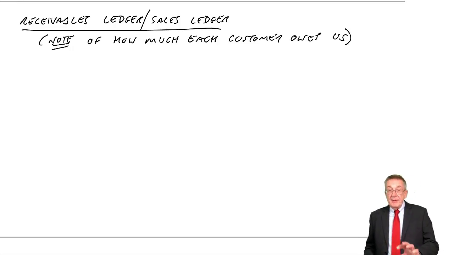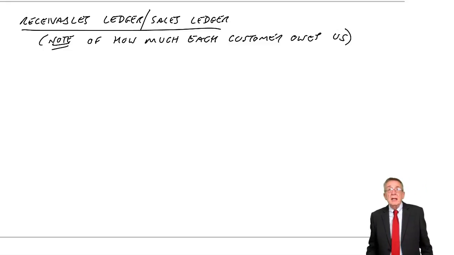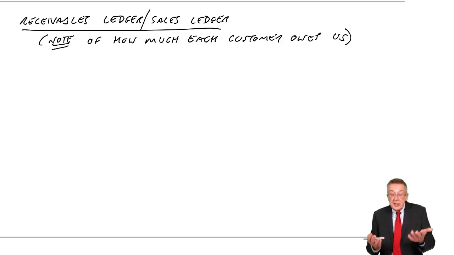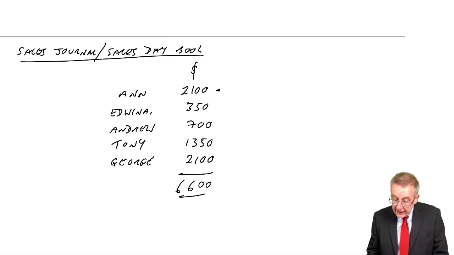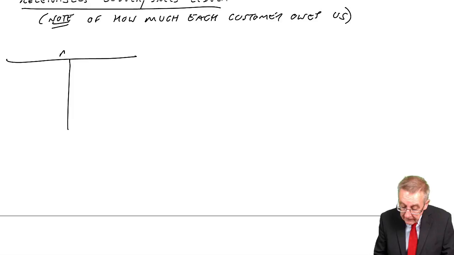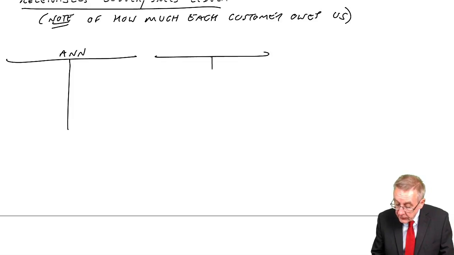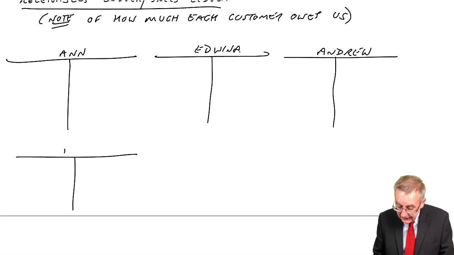Now, it is only a note. I've seen companies that keep a note have little cards for each customer and make a note every time we sell or every time we receive cash. More likely it's a book, and of course the book has double pages. And so we effectively have a T account for each customer. The customers on credit were Anne, Edwina, Andrew, Tony and George. So we'll have pages for Anne, Edwina, Andrew, Tony and George.